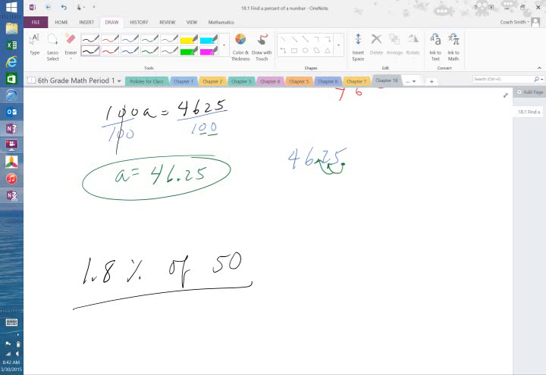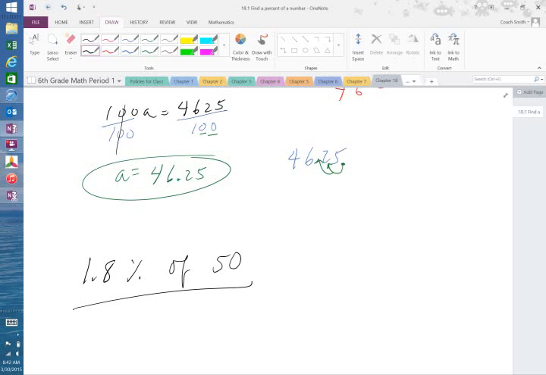Okay. What we need to do is, let me see your pen. All right, so you have A equal 1.8 over 100. There's your percent, 1.8%, and there's your 50.